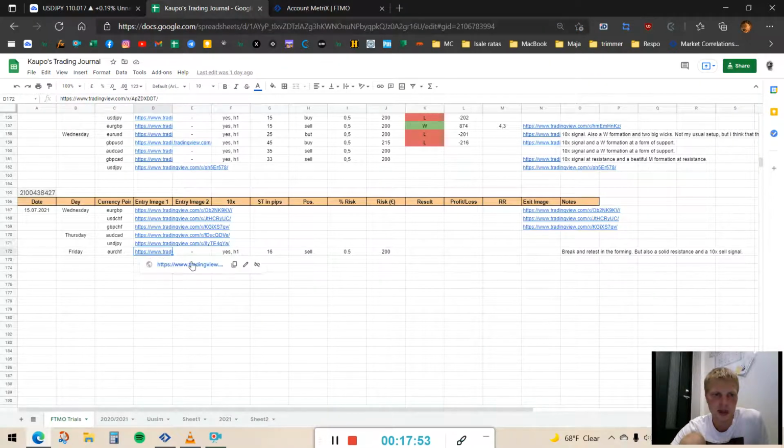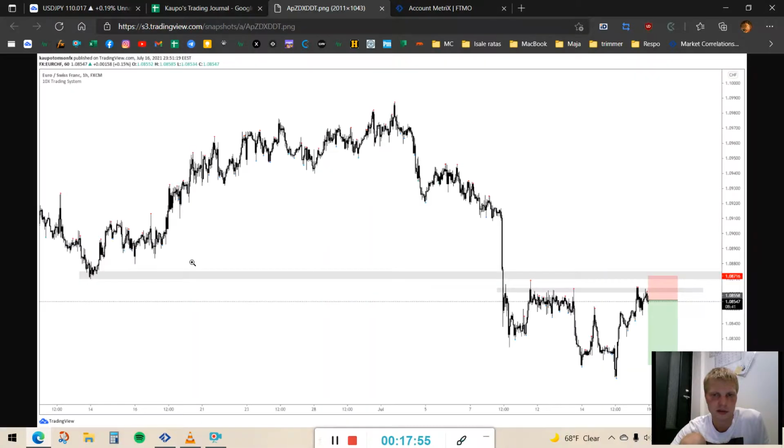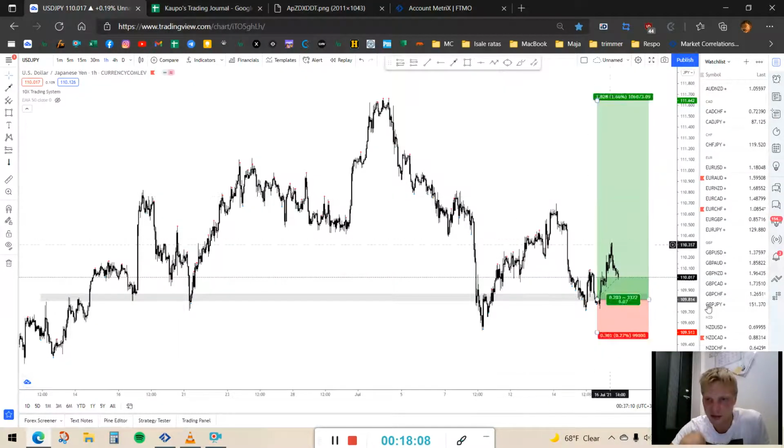And moving on to the last trade, Euro CHF. This is what I was referring to before. Since I'm on vacation, I got my days all mixed up.